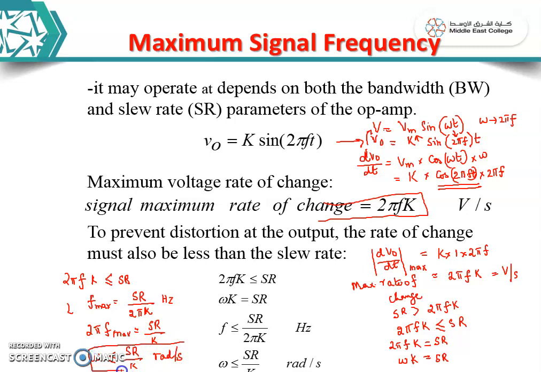So this is the condition for maximum frequency in an operational amplifier, and you have seen how it depends on the slew rate. So slew rate and maximum signal frequency are two parameters which will help us to identify the frequency limitations or the bandwidth limitations of an operational amplifier.